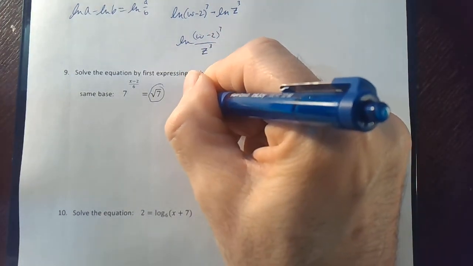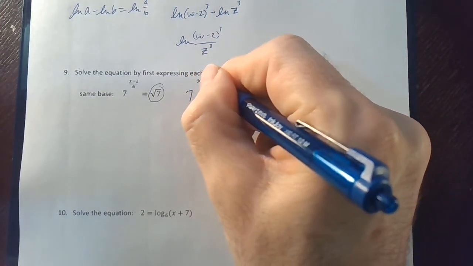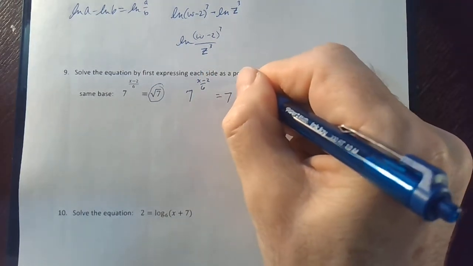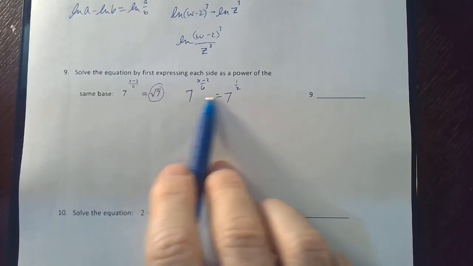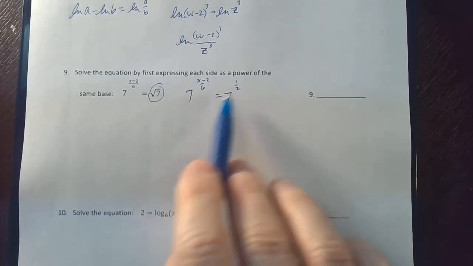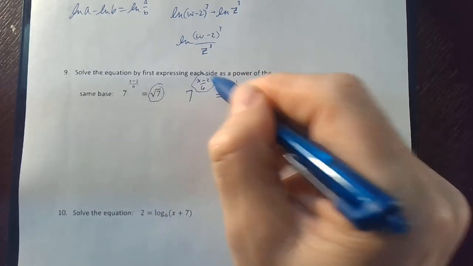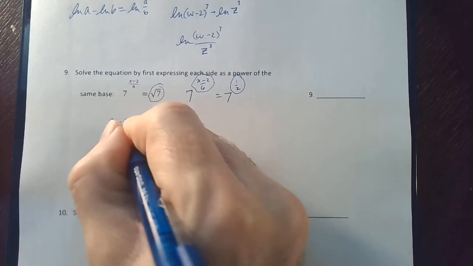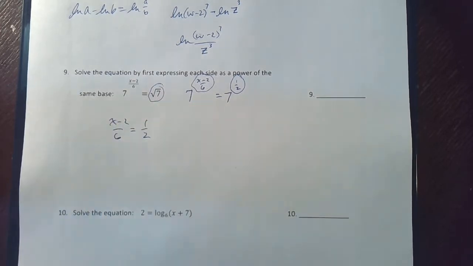So we have 7 raised to the (x minus 2) over 6 is equal to 7 to the 1/2 power. And remember, if you've got two exponentials equal, where the base is the same, that means the exponents are equal.